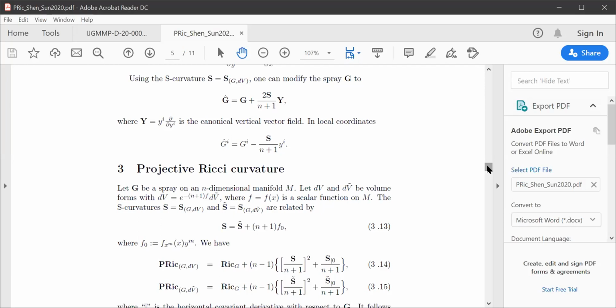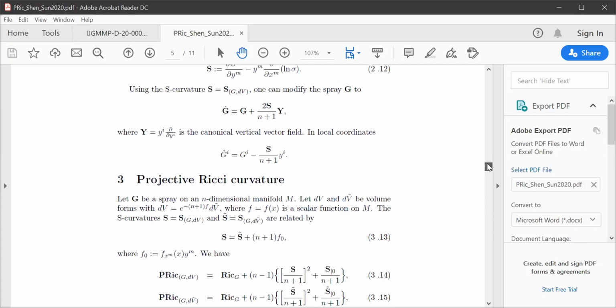By simple computation, you can get equation 3.14. Now if you change the volume form, you will change the spray G hat, and of course you will change the corresponding Ricci curvature, which we call the projective Ricci curvature.